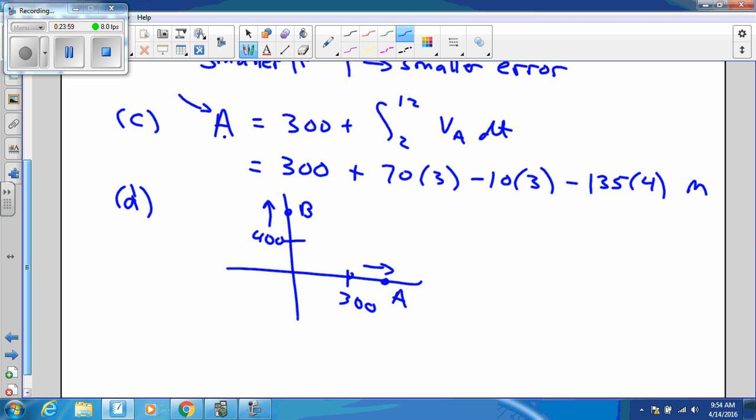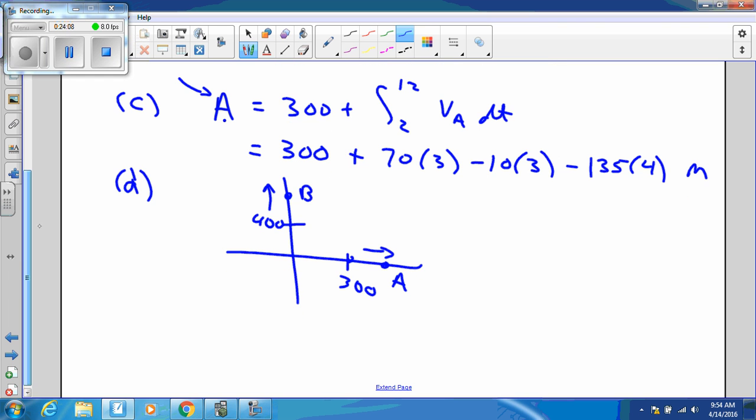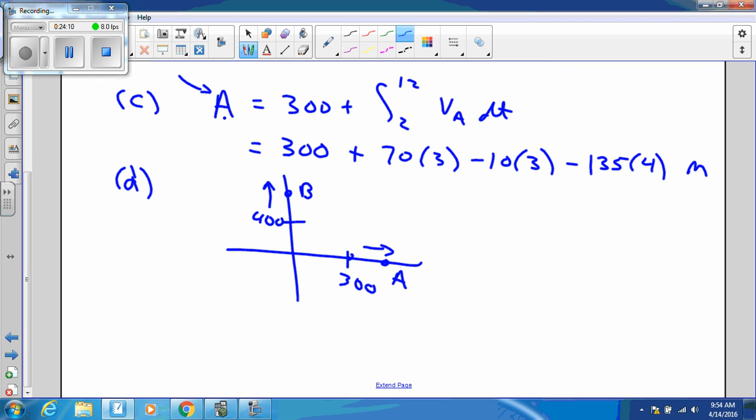All right. So, really then, we can say that distance squared is equal to a squared plus b squared.